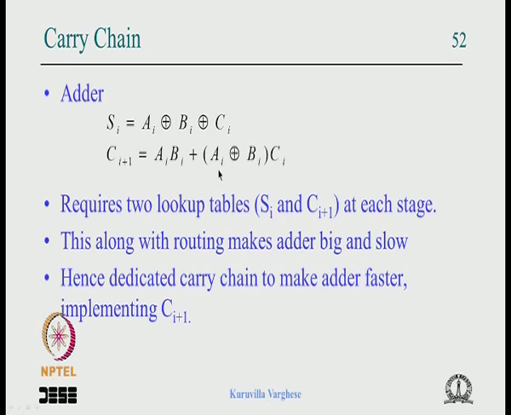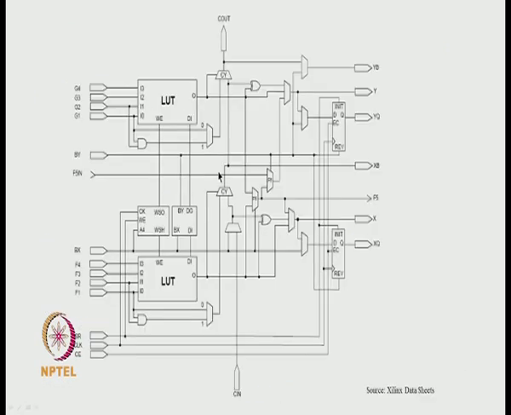Now if you try to implement a ripple adder using full adders in an FPGA, using the lookup tables, you need one lookup table where you give A0 B0 and implement S0, and you again give A0 B0 and C0 to another to get C1 and take it out.